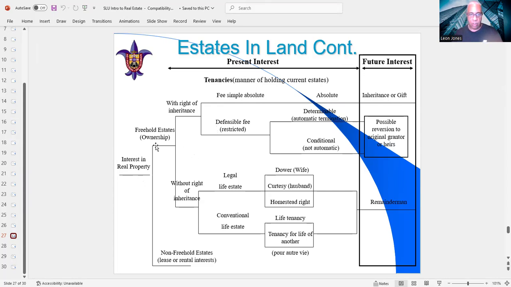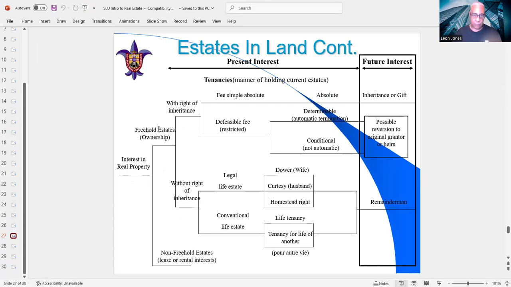And then you have this, almost looks like what we call a bracket that you see for the NCAA tournament. Well, it's the same thing. You have your interest in real property, and this is under present interest, and it's under tenancies, manner of holding the current estates.